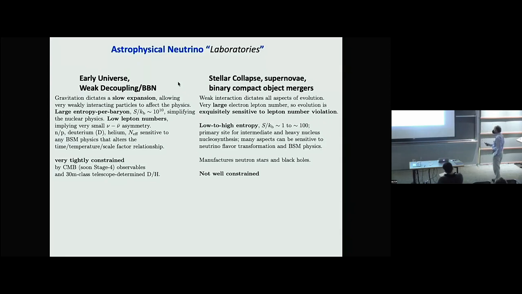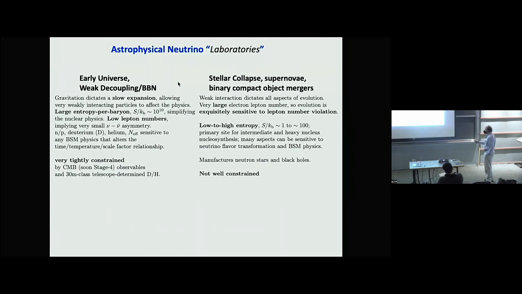So the evolution is exquisitely sensitive to lepton number violation. So we're drawn like a moth to the flame here because this is alluring. And the entropy per baryon is quite different than in the Big Bang. It can be quite low, as we'll see, and it can be modestly high on a nuclear physics scale.